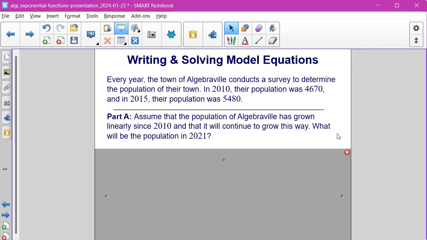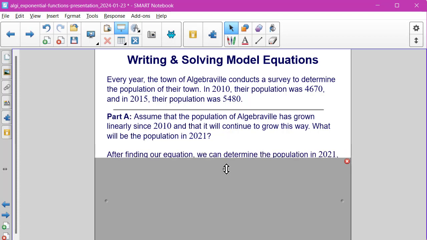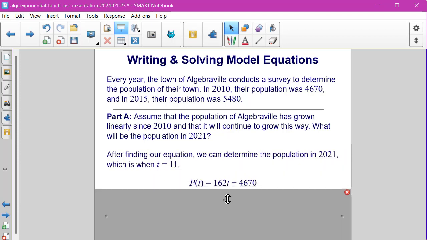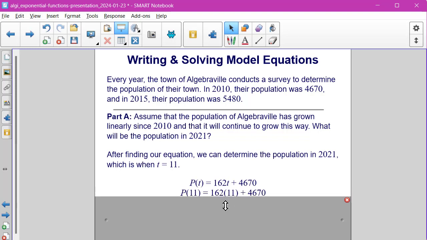Now that we have the equation of our line, we can now determine what the population will be in 2021. Remember, in 2010, our t value is 0, so in 2021, our t value will be 11. So we can take P of t, which is equal to 162t plus 4,670, and substitute 11 in for t and evaluate.